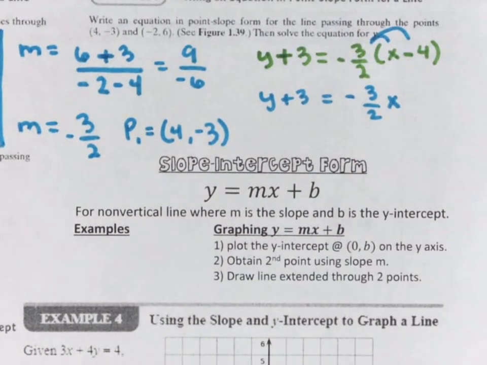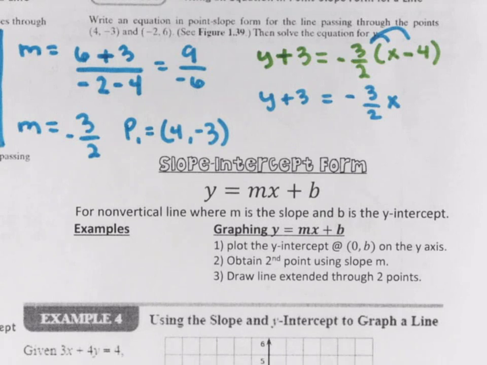6 is good. I don't have a lot of space, so I'll write it up here real quick. But I would get negative 3 over 2 times negative 4. And if it helps to think about it, it's like negative 4 over 1. So negative 3 times negative 4, 12 over 2 equals 6. Okay, everybody okay with that?